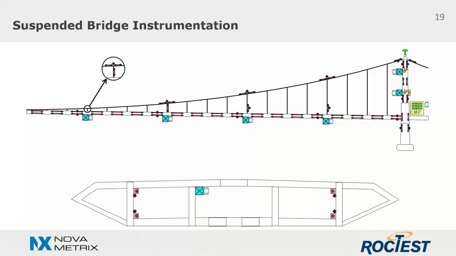Right here we see the typical instrumentation. So in the deck, the sensors are surface mounted on both walls of the deck, and parallel sensor topologies in both horizontal and vertical planes are recommended in order to determine the deformed shapes, while a simple topology is sufficient in the vertical cable to monitor strain changes in the cables themselves.